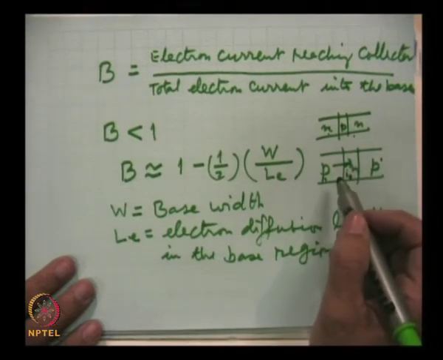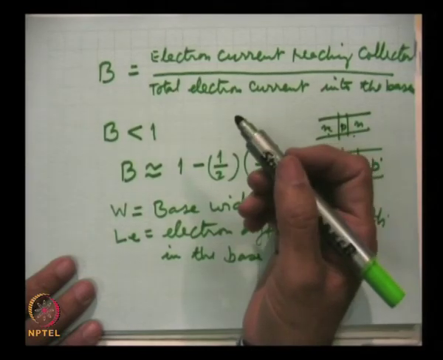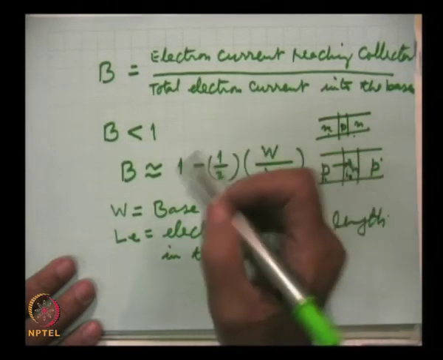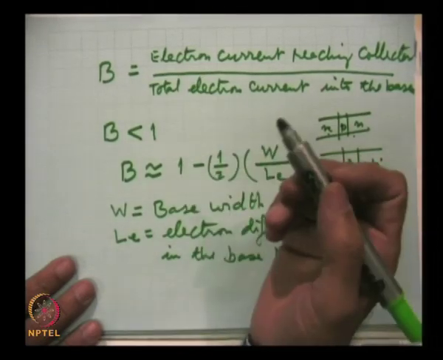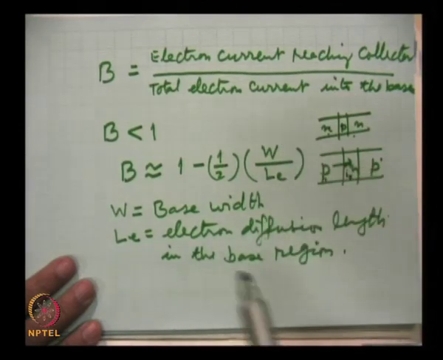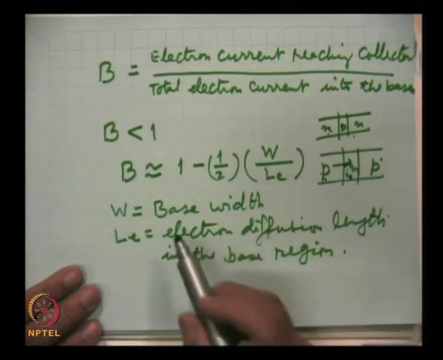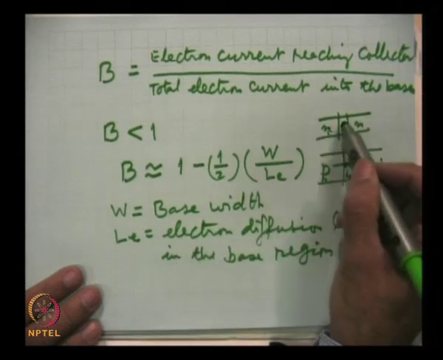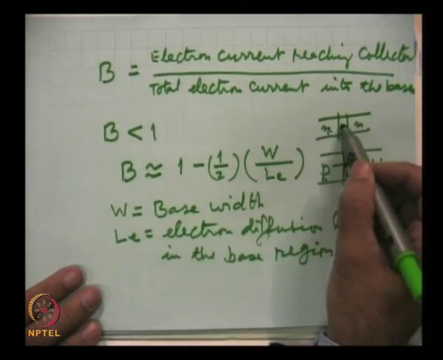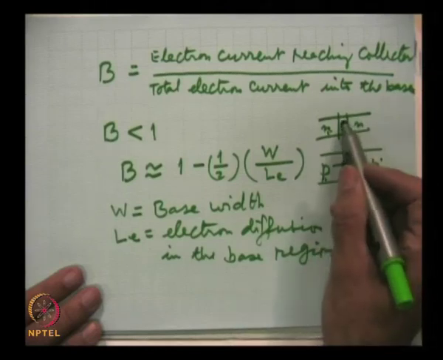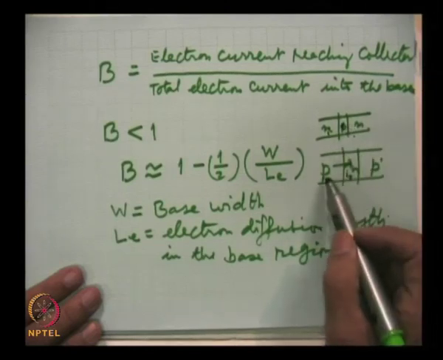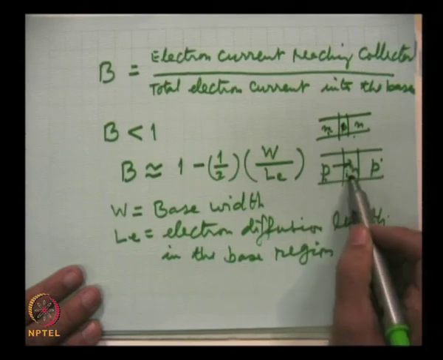So, a BJT, bipolar transistor, is a minority operated device. It is current operated, everywhere we are talking of current, and hence it is a current operated device. If we talk of the electron diffusion length, we are talking of electrons in the p base region, where electrons are minority, as in p, and in N holes will be in minority.